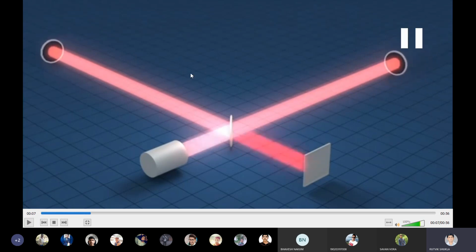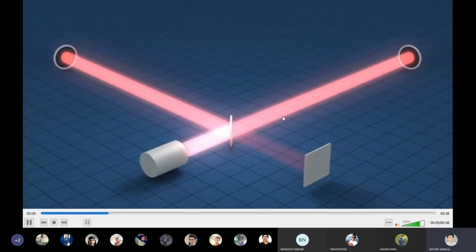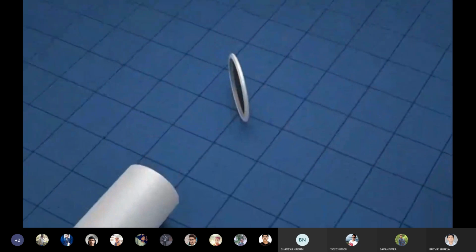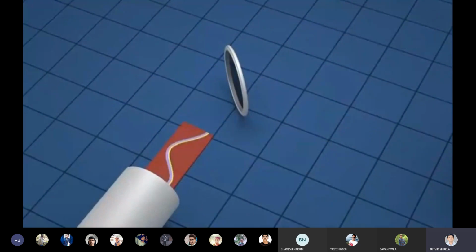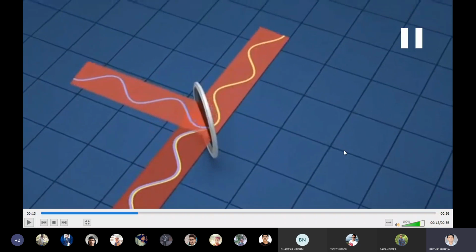Now see what they are doing. In this case, just for understanding purposes, they are moving both mirrors. But in our case, one of the mirrors will remain constant while the second mirror is movable. Yes, like this. If you consider light as a beam, see what happens. Here the beam is split in two parts.